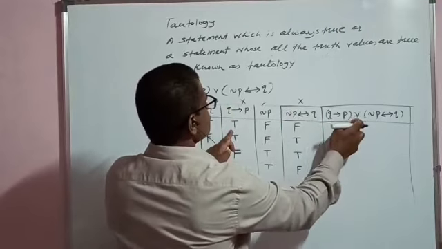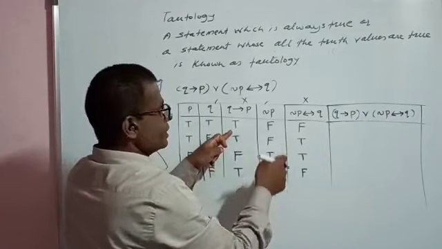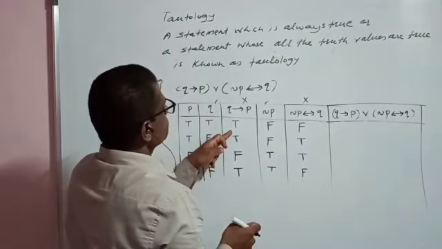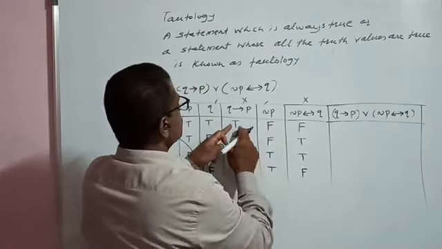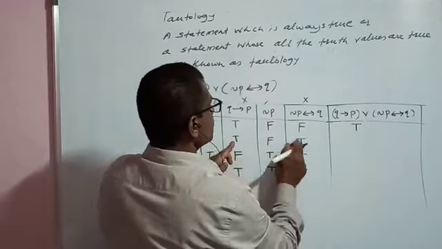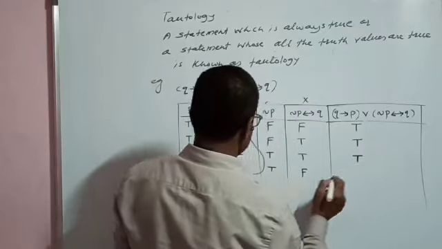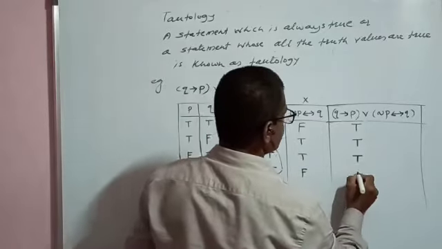The disjunction is true if both are true or any one of the two statements is true. So T disjunction F is T, T disjunction T is T, F disjunction T is T, T disjunction F is T.